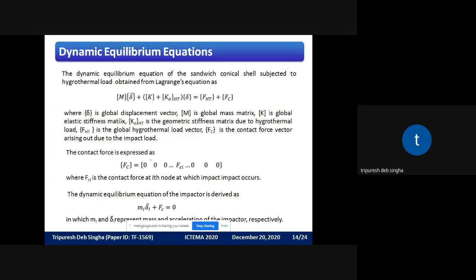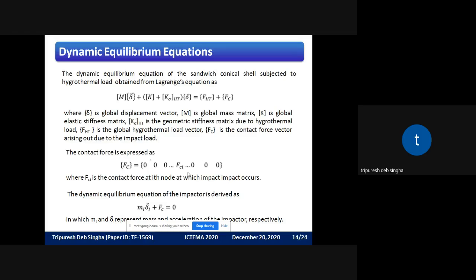K sigma HT is the geometric stiffness matrix due to the hydrothermal effect, F_HT is the global hydrothermal force, and F_C is the contact force vector, which can be expressed by this formula, where F_Ci is the contact force of the ith node at which the impact actually commences.